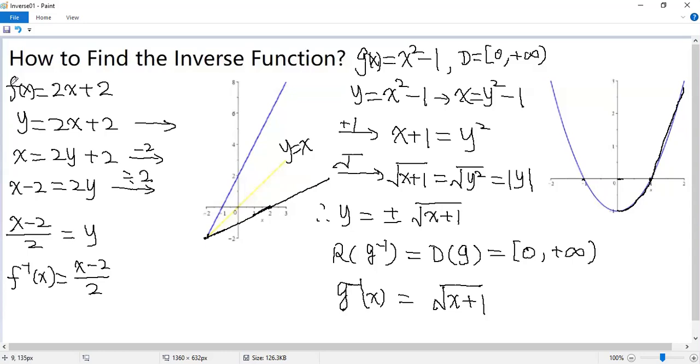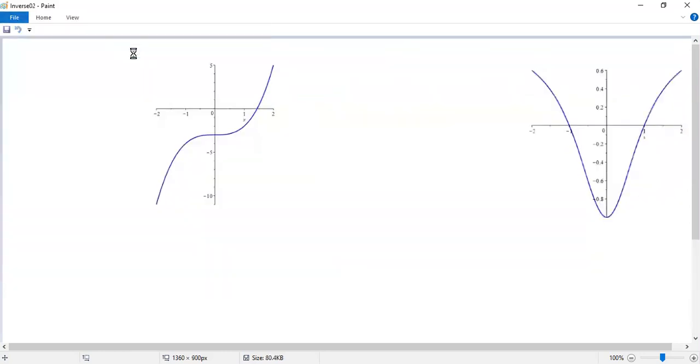Now let's look at a cubic function, f(x) equals x cubed minus 3. You see from the graph, it is a one-to-one function.